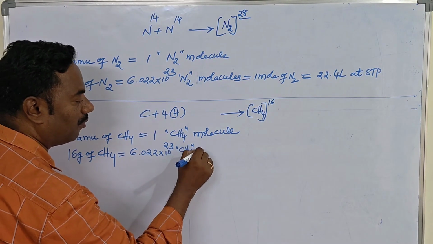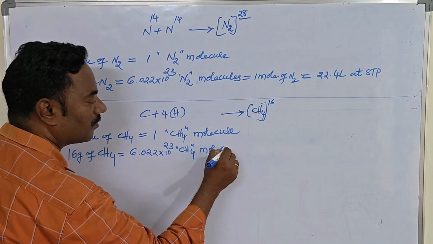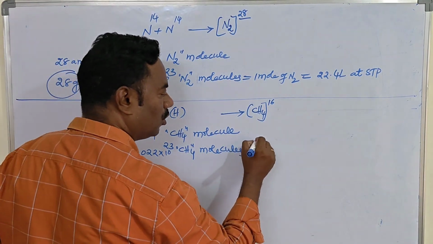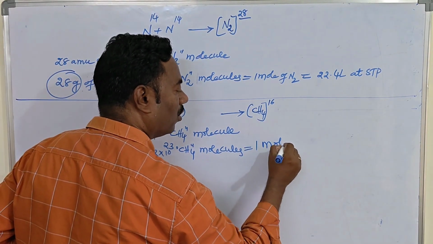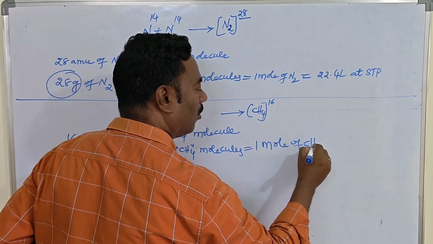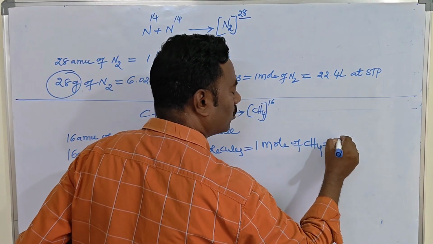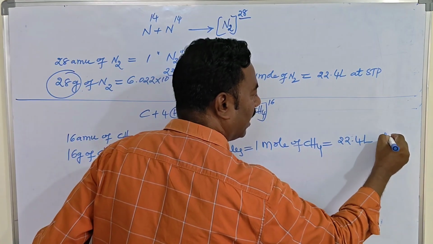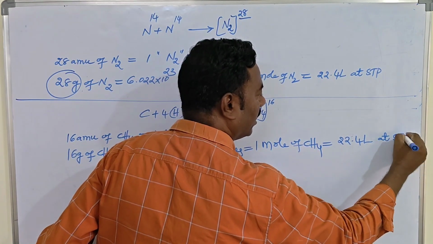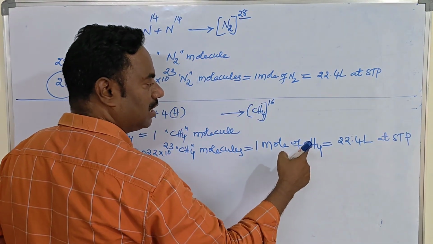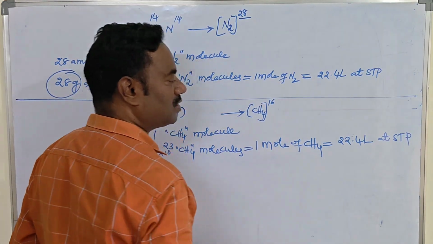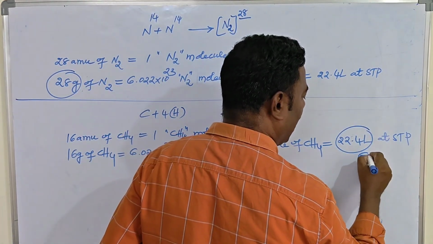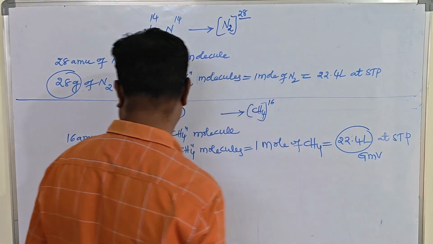It is equals to 1 mole of CH4. It is equals to 22.4 liters at STP. CH4 is a gas, so that it occupies 22.4 liters at STP. That is a gram molar volume.